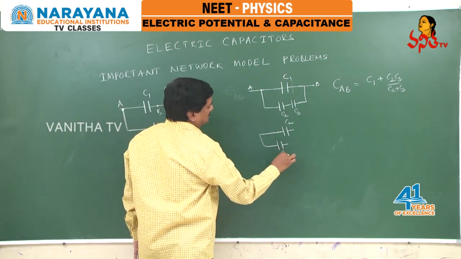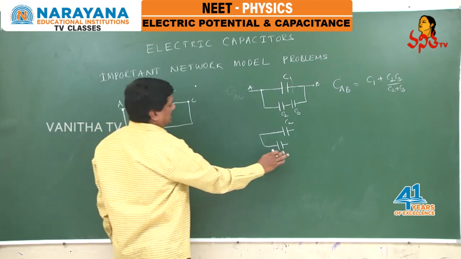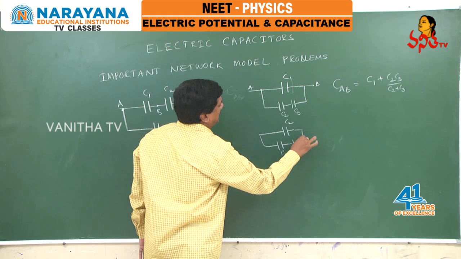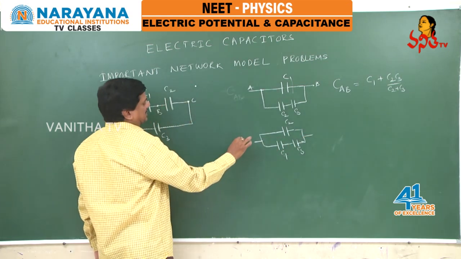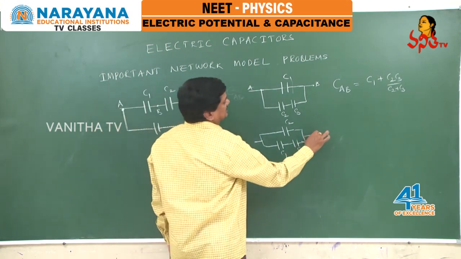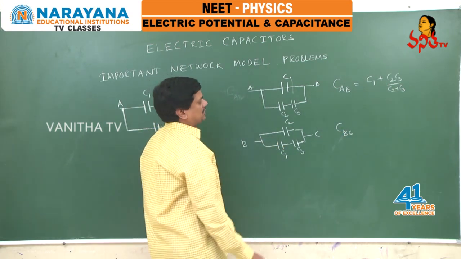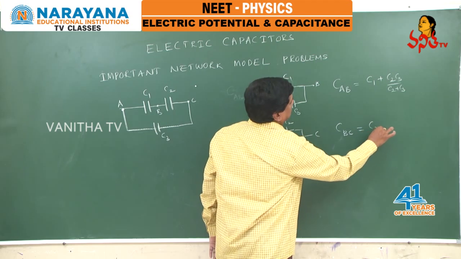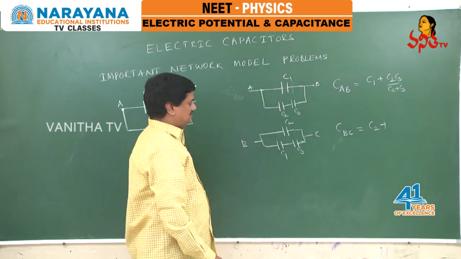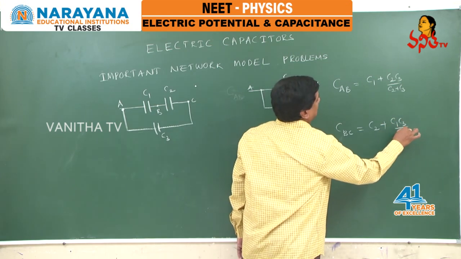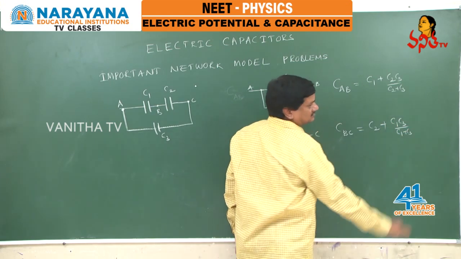What are those two? It is C1 and the other one is C3. So we have started at B, ended at C. So the capacitance between B and C is C2 in parallel with the remaining two, which is C1 C3 by C1 plus C3.